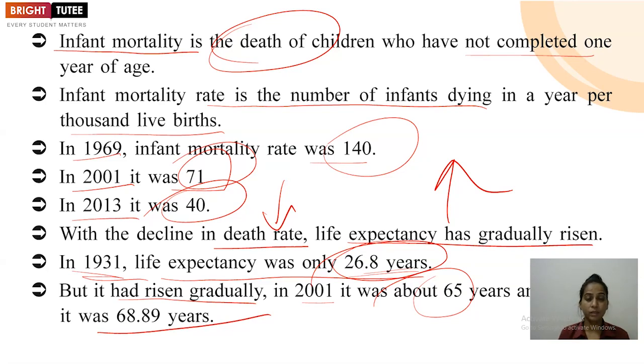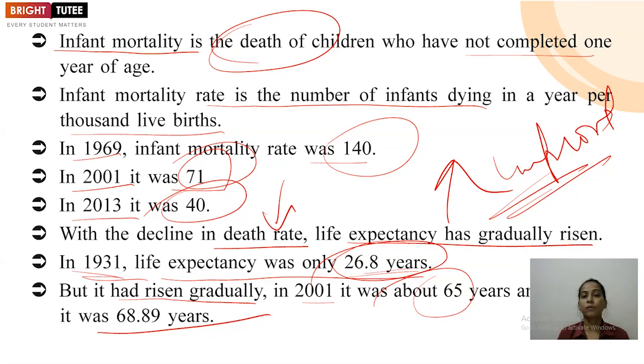So we can see how the improvement was taking place in the health sector: better facilities for the people, an increase in the number of hospitals and other medical facilities, and different awareness programs started by the government were creating these differences, where the life expectancy of the people increased and death rate declined. But the birth rate was very high, though it was also declining as compared to earlier times.